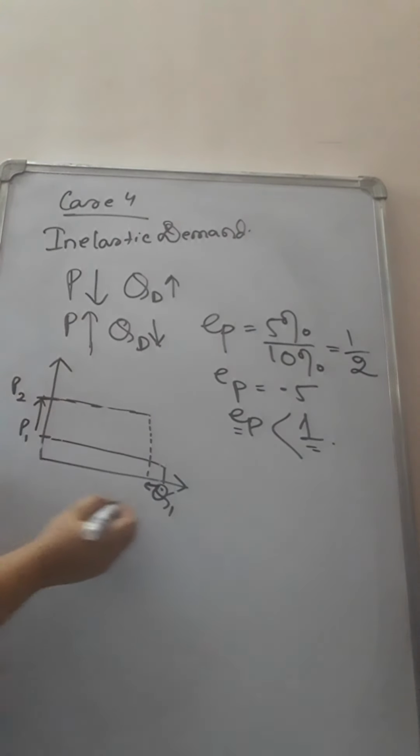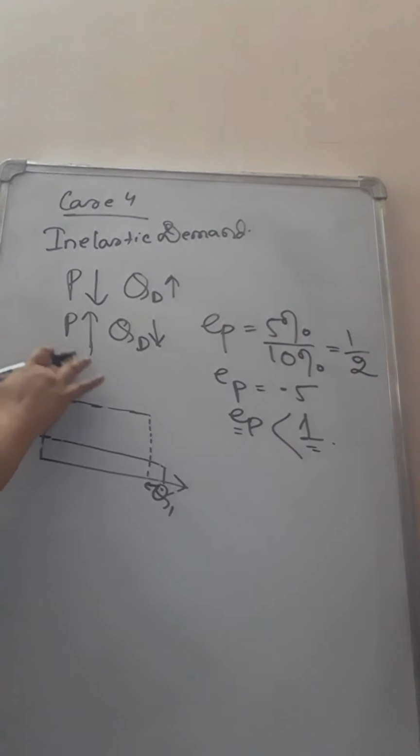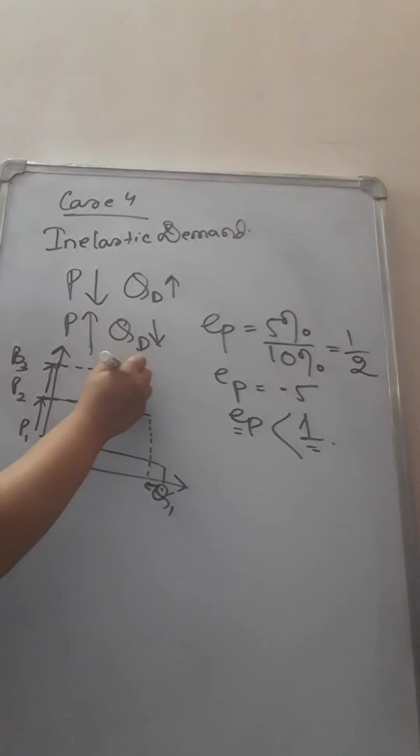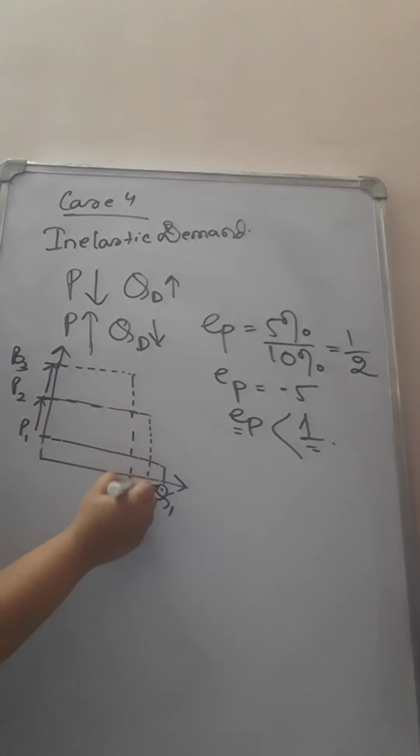Price is changing by more, quantity is changing by less. Again, if the price increases, suppose it goes to P3. Price has increased to a much greater extent, but as a result quantity is falling very little.